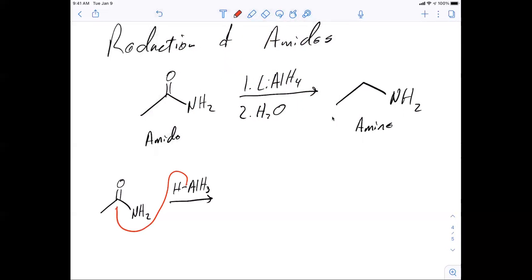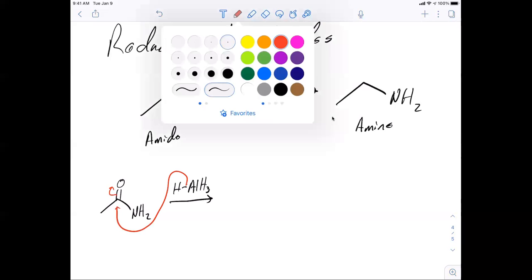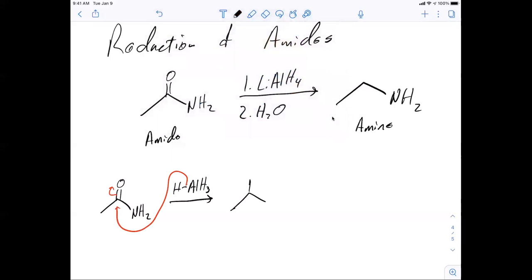the hydride attacks the carbonyl. And then at this point, that's a poor leaving group, right? So we actually get this reacting with the aluminum.